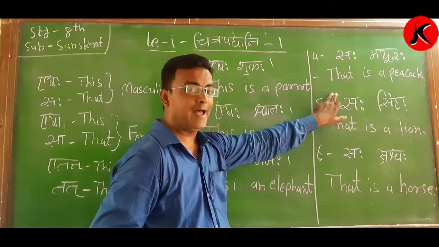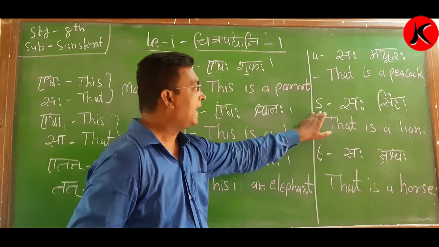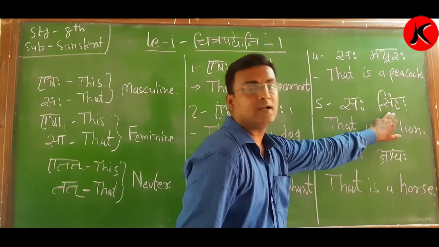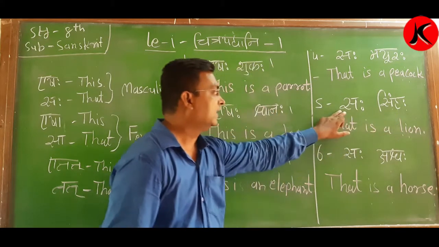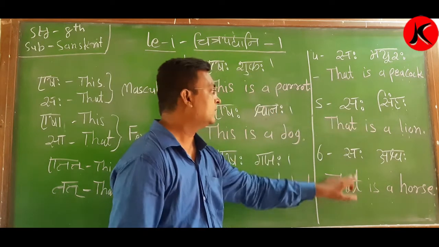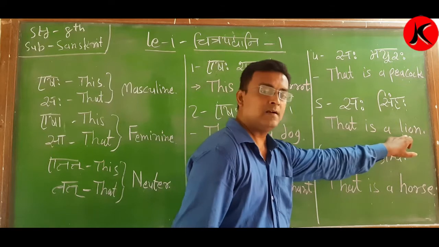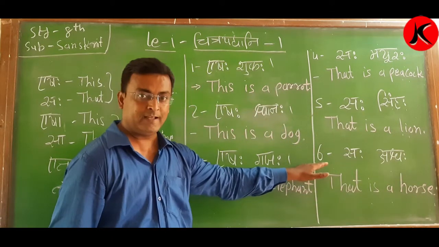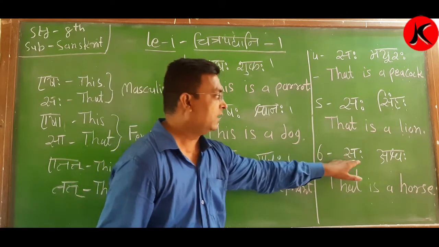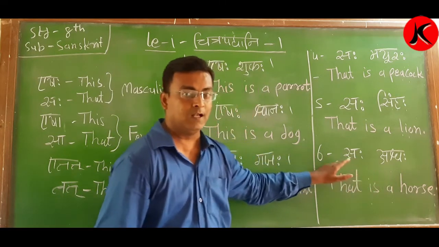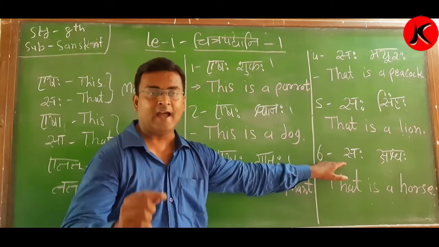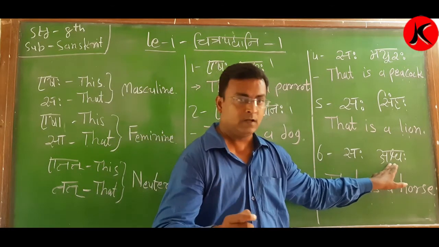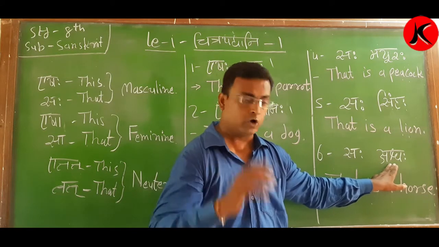The next one, fifth, is Sah Simhah. Simhah means lion, Sah means that. That is a lion. Now the last one is Sah Ashvah. Sah means that, and Ashvah means horse, जिसको हम गुजराती में बोलते हैं घोड़ो.